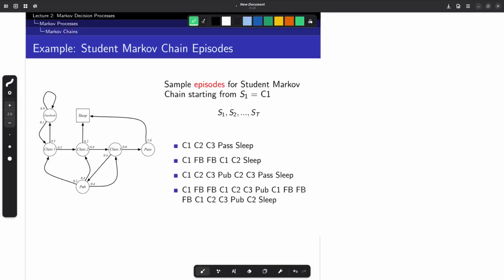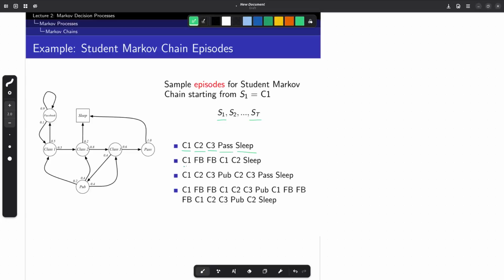An episode is a chain of states that starts from an initial state and goes to a terminal state. So here are some sample episodes. The first one is class one, class two, then let's say you go to class three, then you pass, and you go to sleep, and you don't have to study forever.